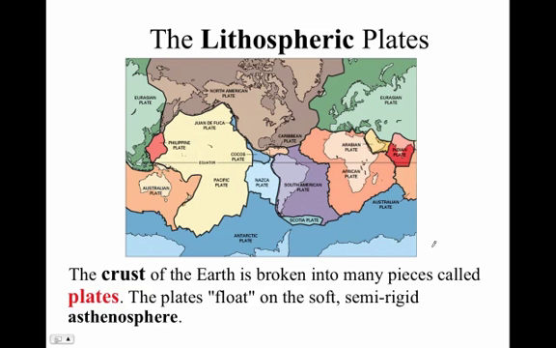The Earth's crust is not actually stationary, and it's broken up into tiny plates, which we'll learn about later, and they float on what's called the mantle, or part of the asthenosphere, and the movement of these crustal plates helps generate all sorts of different dynamic events around the world.